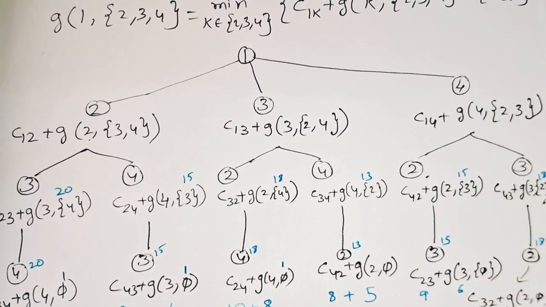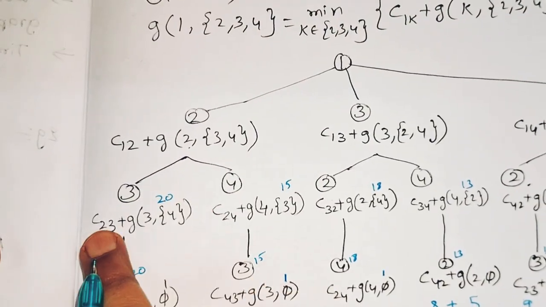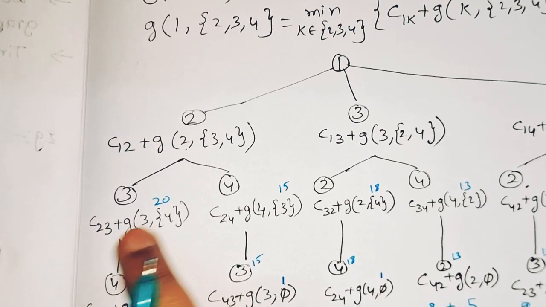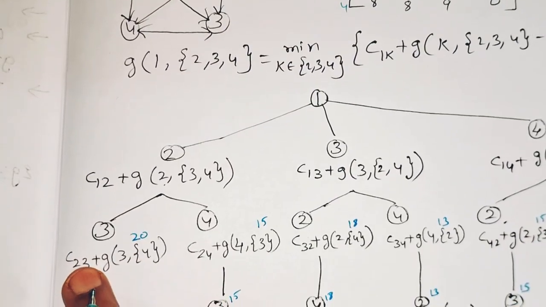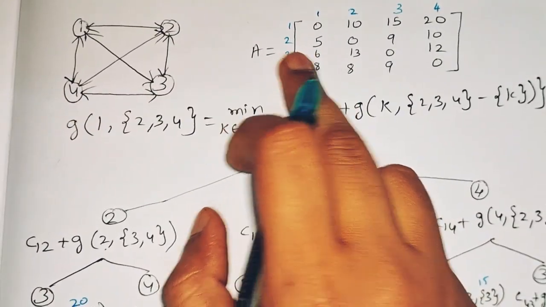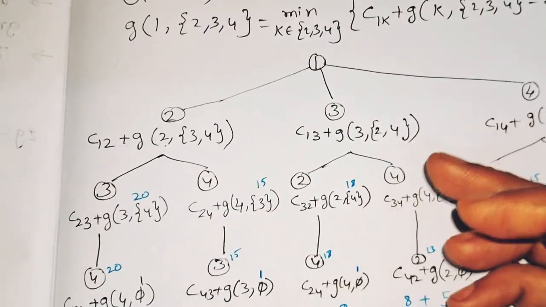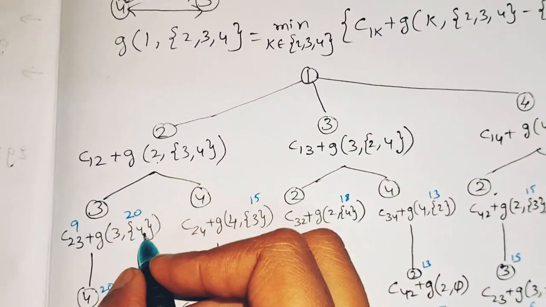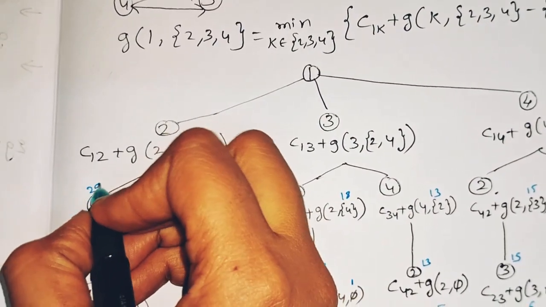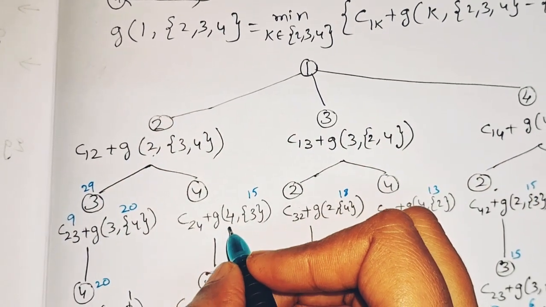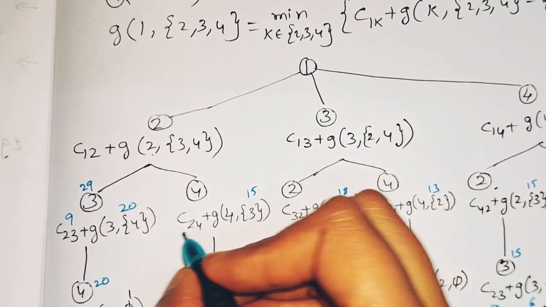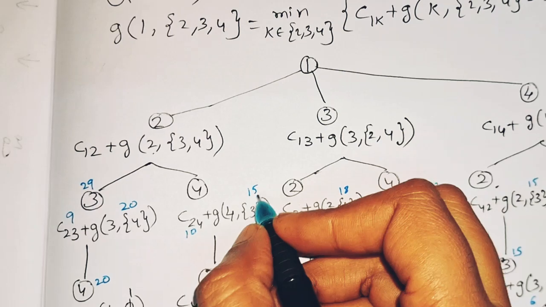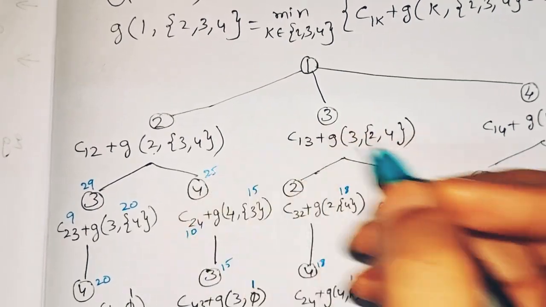Now we have to add this to the cost of 2 to 3, which is 9. So 20 plus 9 is 29. And the cost of 2 to 4 is 10, and 10 plus 15 is 25.